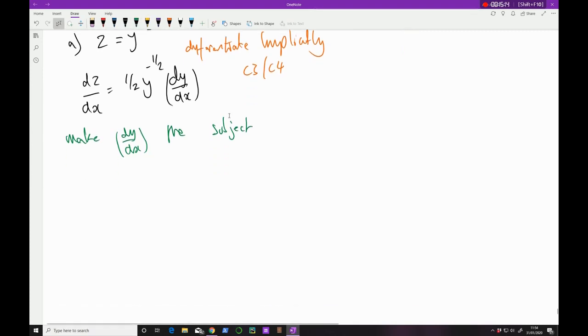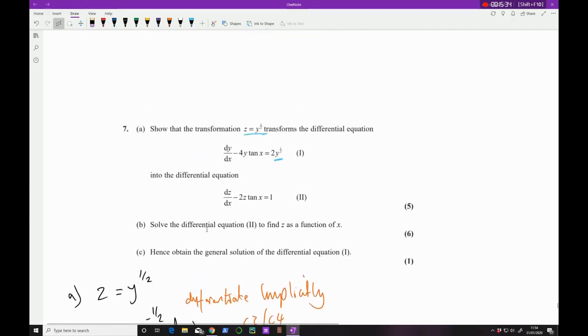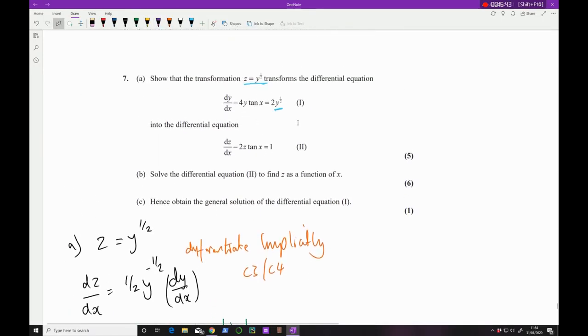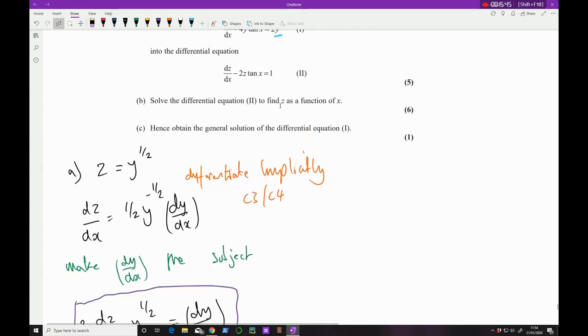I can make dy by dx the subject by simply multiplying both sides by 2 and dividing both sides by y to the minus a half. Therefore, we get 2 dz by dx y to the power of a half equals dy by dx. Okay, and I'm going to substitute this whole thing into equation number 1.